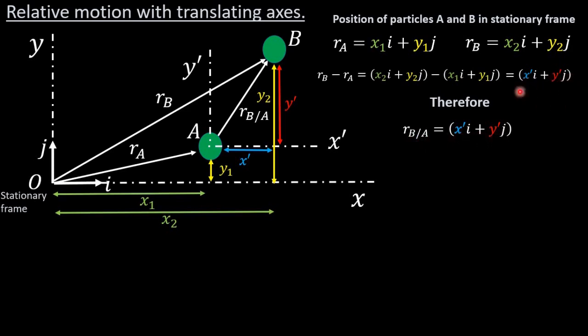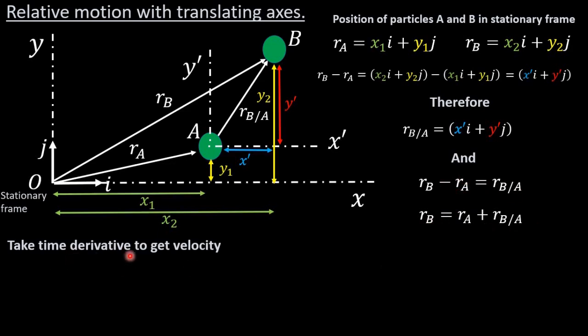Because we already know that r sub B minus r sub A is equal to x prime plus y prime, we can therefore say r sub B minus r sub A equals the position of particle B relative to particle A, and then if I add r sub A to both sides, I'll get this. All I did was add this to both sides to be left with this expression here.